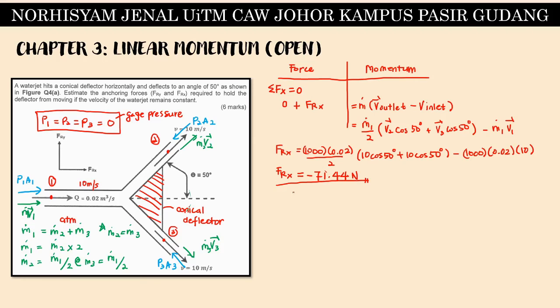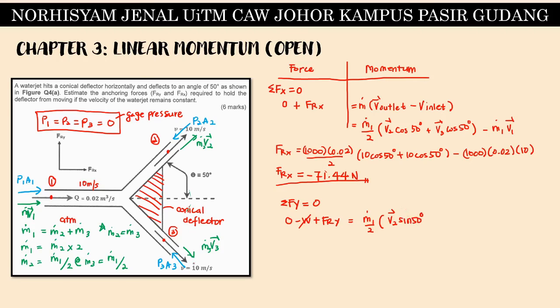For FRY, summation of Fy equals 0. We also know this is 0 minus W plus FRY. We don't have any estimation for weight, so this is also 0. And it is equal to m dot V outlet. So this is m dot 1 divided by 2 times V2 sine 50.